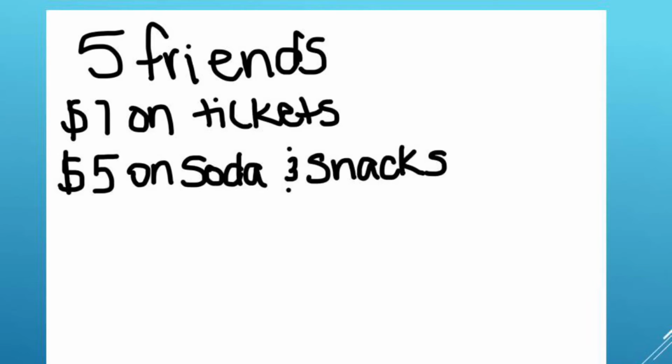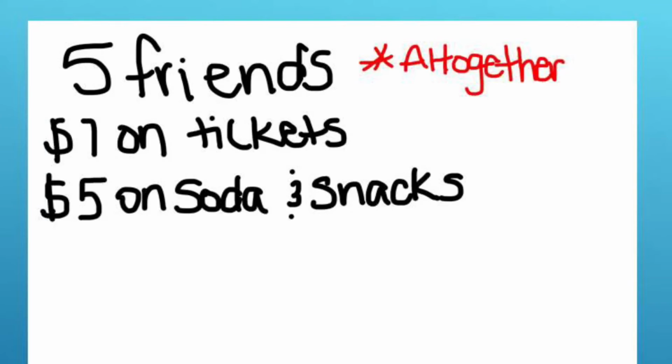To start solving this problem, I wrote down the key words and numbers from this problem. 5 friends. There's $7 on tickets and $5 on soda and snacks. I then put in red the altogether. That's a key word that's going to tell me that I need to add.